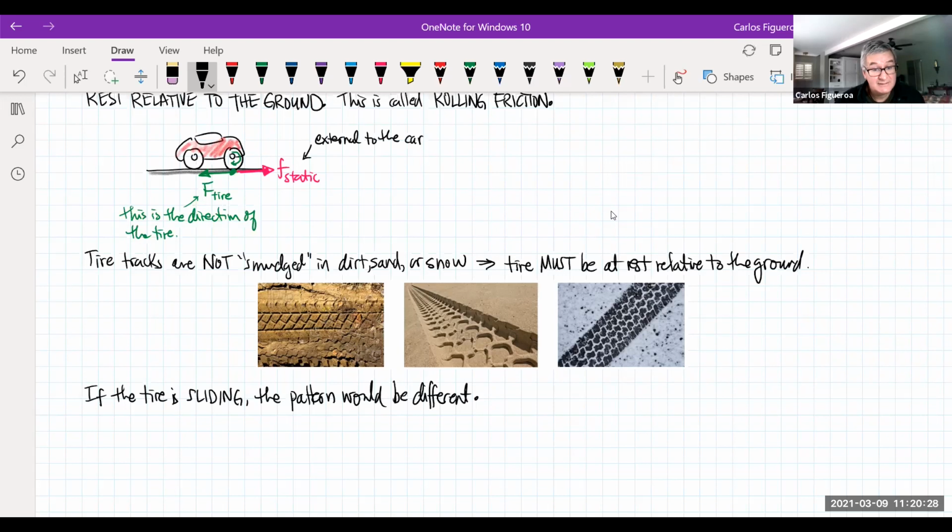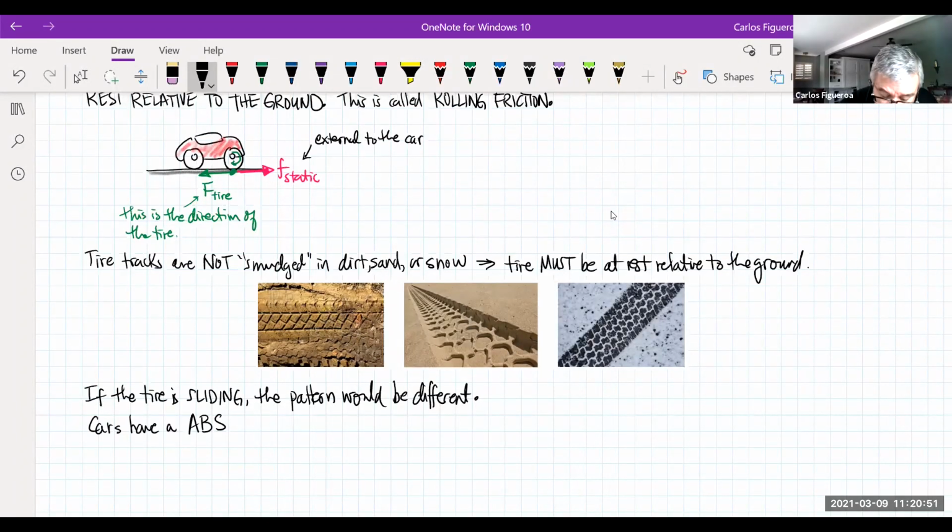But that's not the case here. So what you're finding here is, in fact, cars have an anti-lock brake system, ABS.